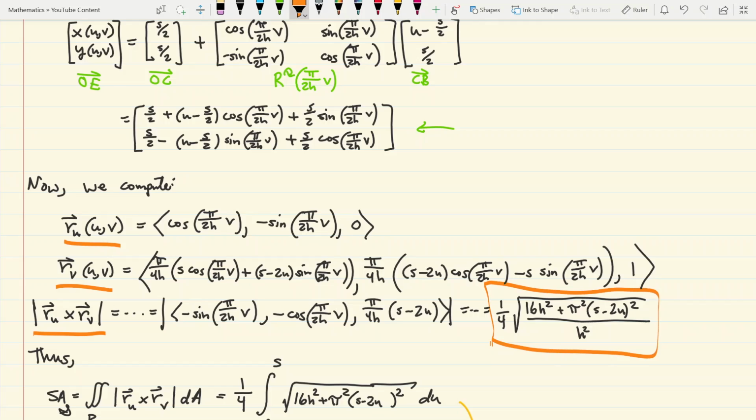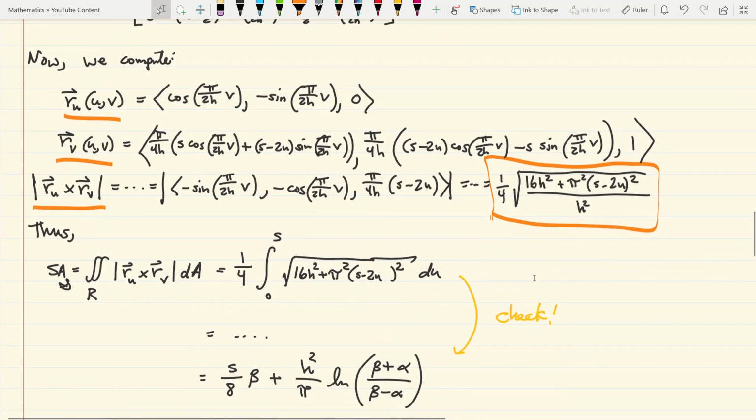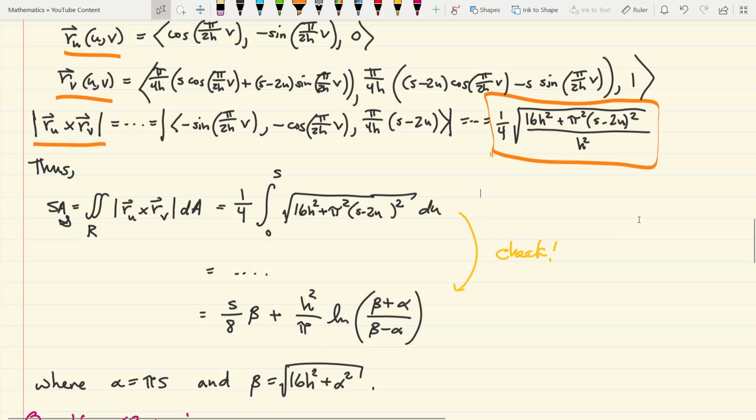This is one way to write it. I think there are certainly many other ways to write that. But anyway, now we go back to calculating the surface area. So we have to do this double integral. R is a nice rectangle, so we will just get constant terms in our bounds of integration.